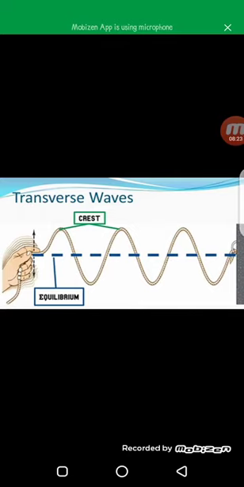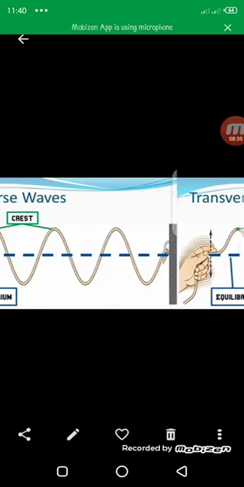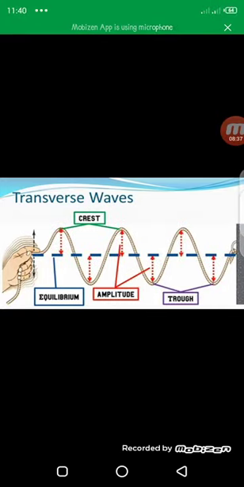Now the next thing is crest. I said crest is the highest point. So these two lines, this green part, tell us that this top part is a crest. With this you can also recognize other crests. This is one, this is two, this is another crest. Now this is also the trough. The trough is the lower part. Now the amplitude is the distance, please pay attention, between the straight line and the trough.